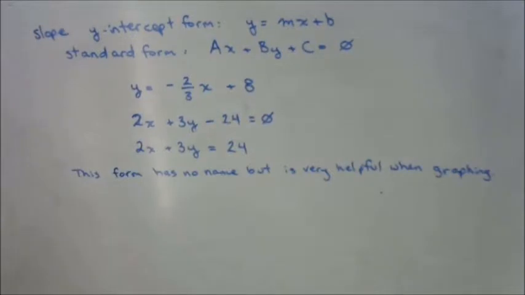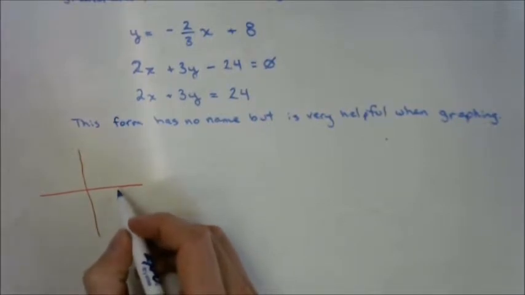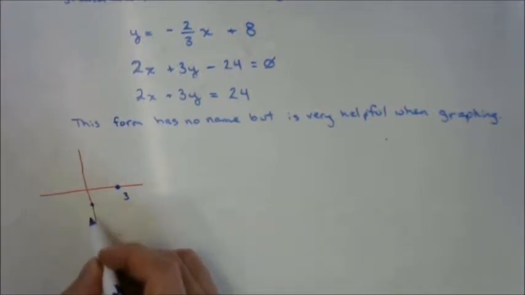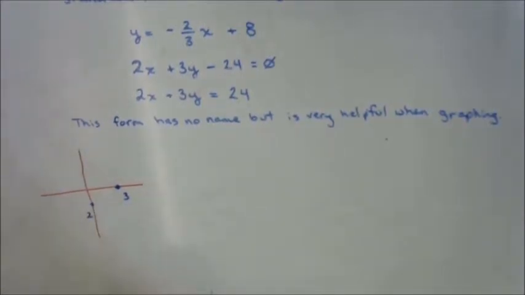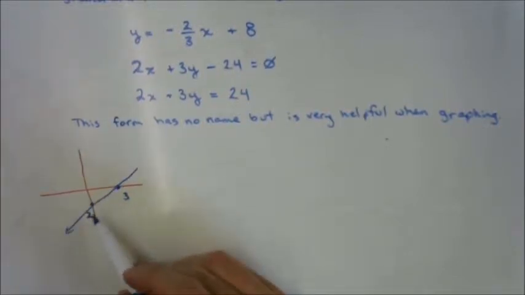Because we can graph from knowing the x and y intercepts of any line. So for instance, this is my axes, x and y. Let's say I can find out that the x-intercept is 3 and the y-intercept is 2, then what can I do? I can draw a line through those two points.